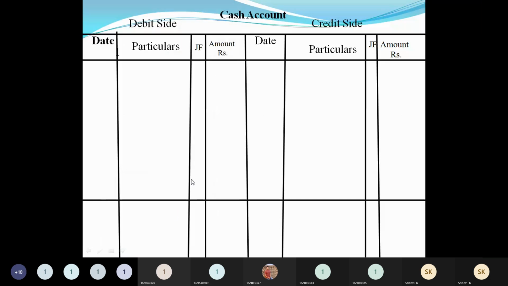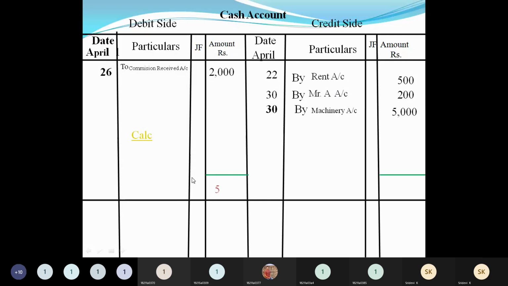Cash account. In cash account, we have identified this amount, no? Let me show this at the end, how we did. So 5,700 total we got, no? At the end of the cash account.